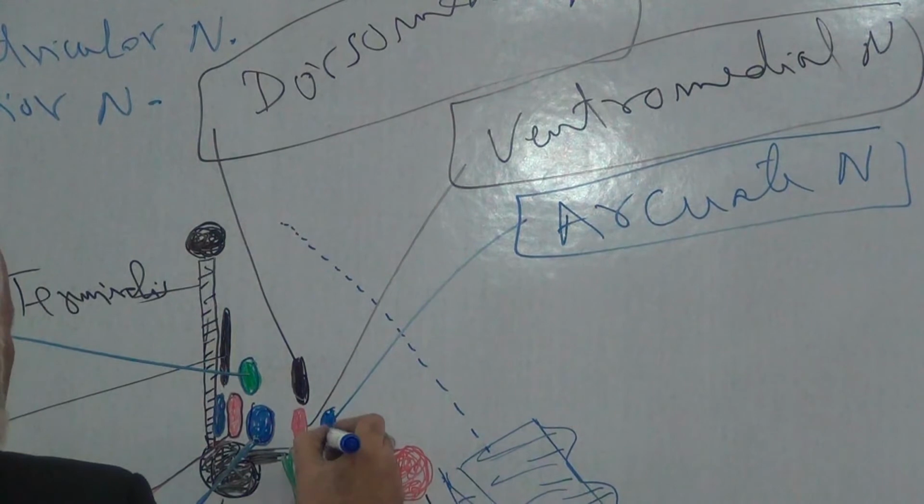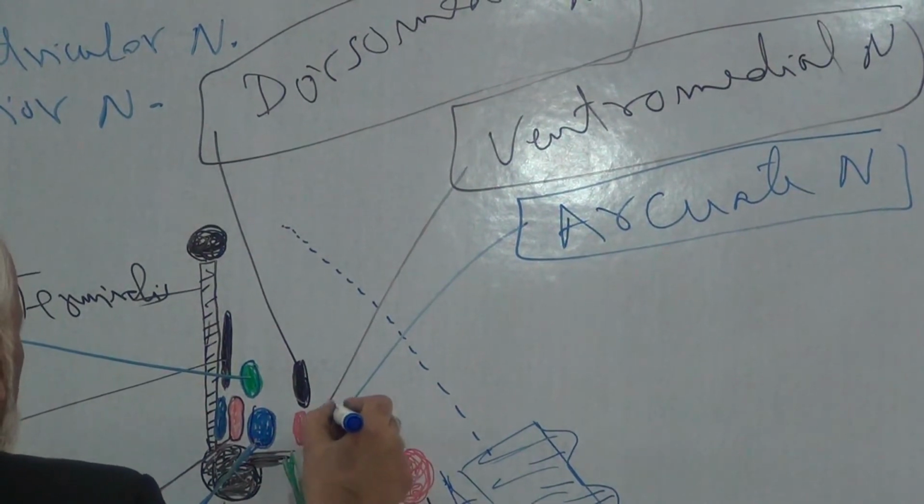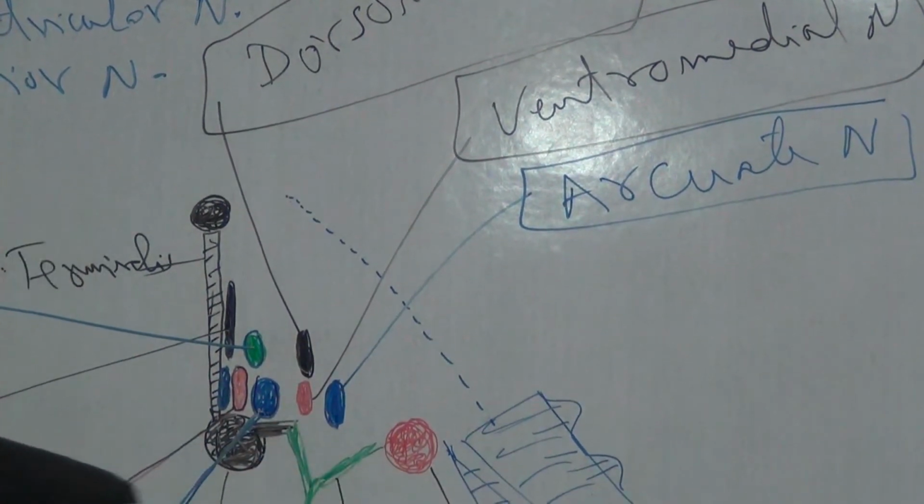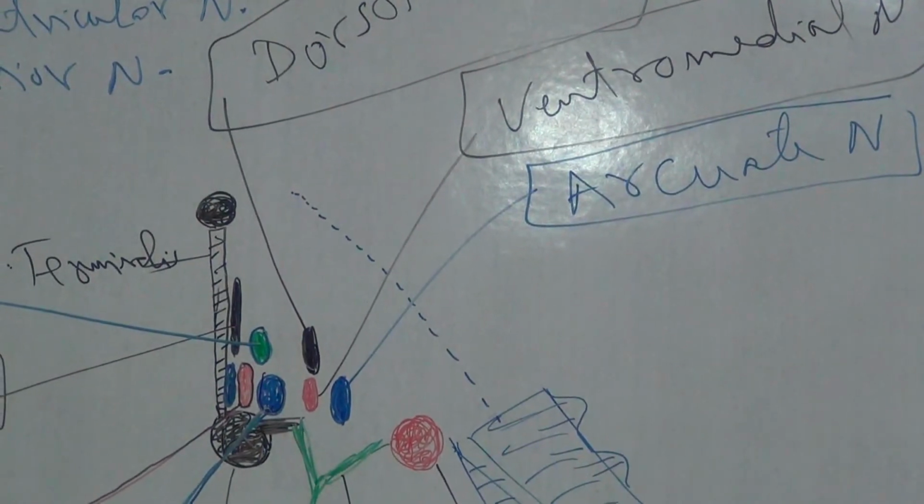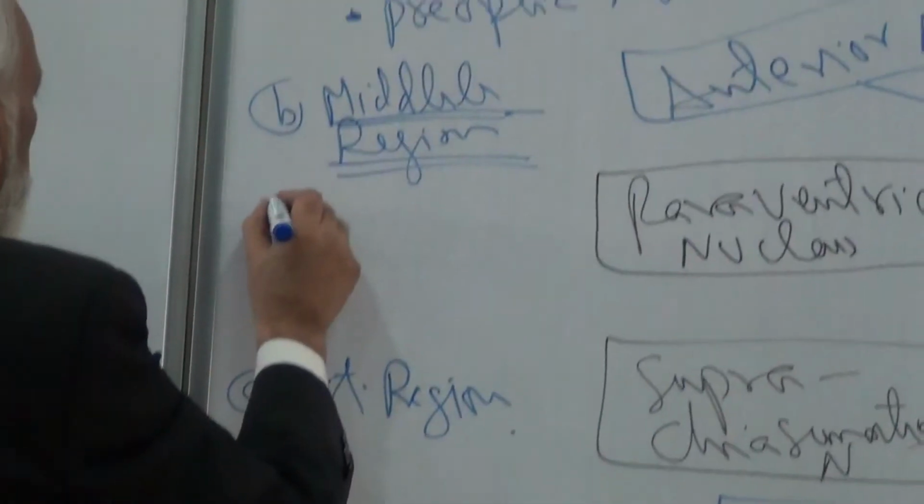These are the nuclei in the middle region of the medial zone. So middle region nuclei.